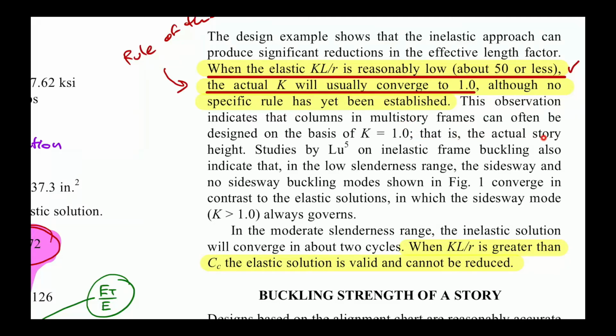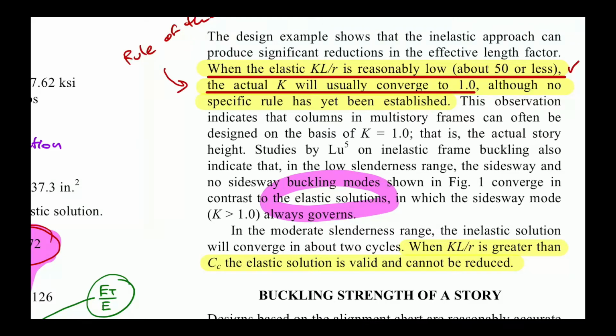That is, the actual story height studied by Liu and inelastic frame buckling also indicates that in the low slenderness range, the sway and no-sway buckling modes shown in figure 1 converge, in contrast to the elastic solution. As mentioned before, the elastic solution gives you an overly conservative result.